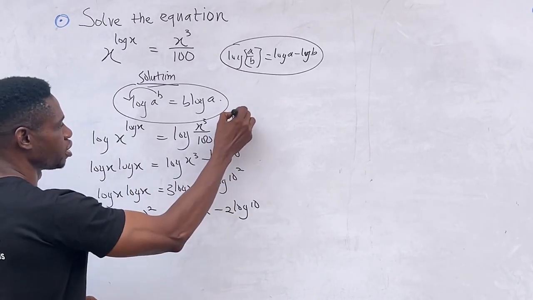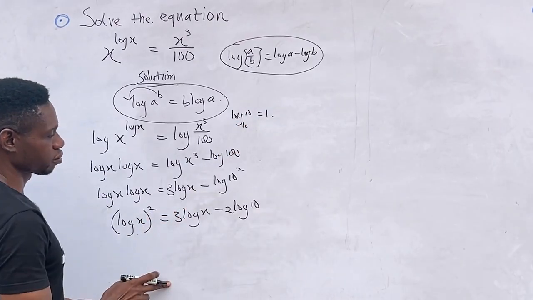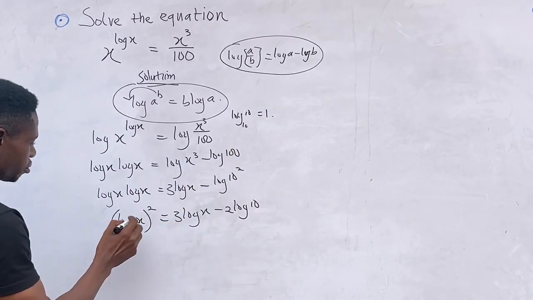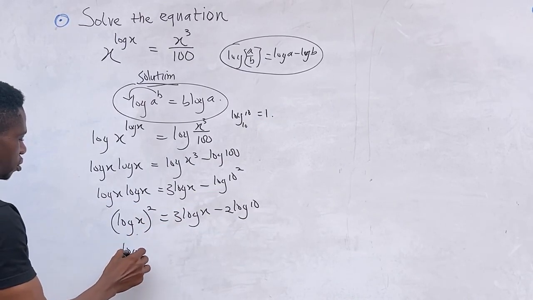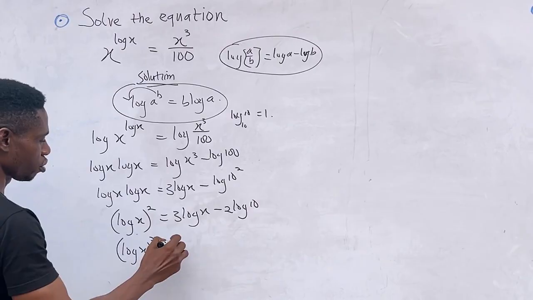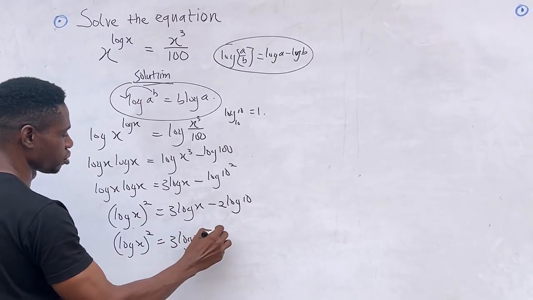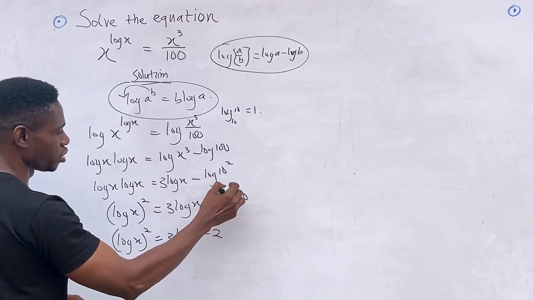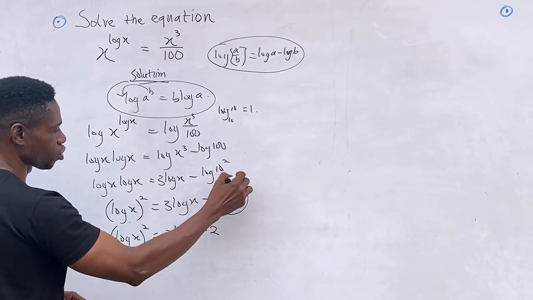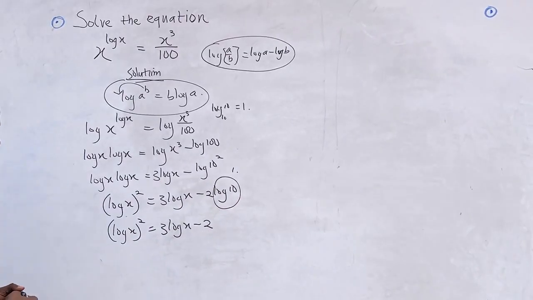And remember, log 10 with a base 10 is 1. So this will give us log x all squared equal to 3 log x minus 2 times 1, so 2 times 1 is 2.